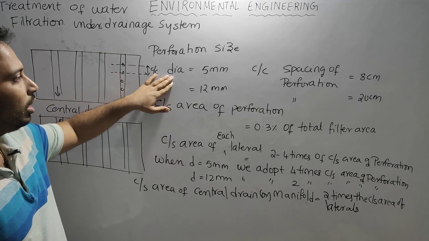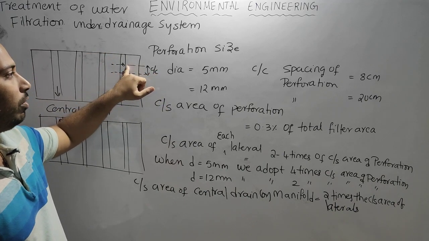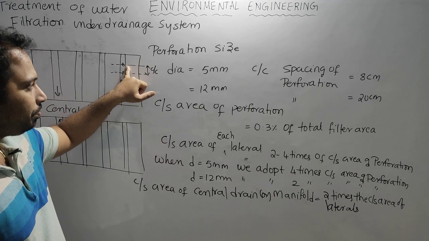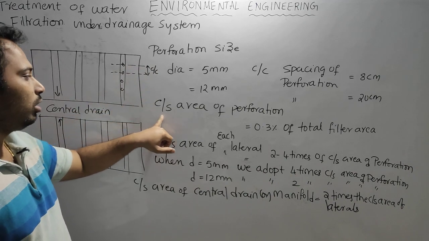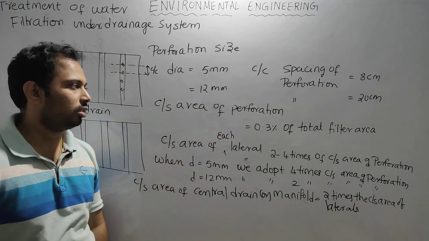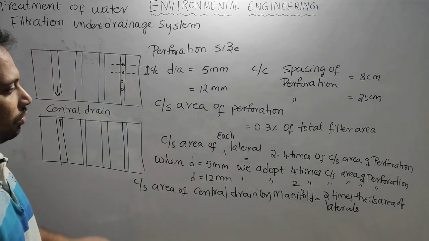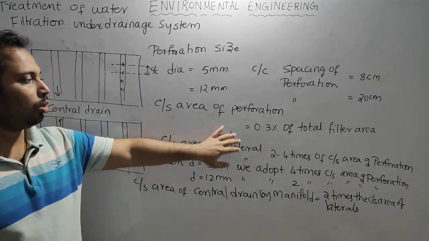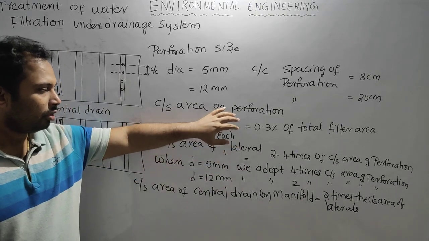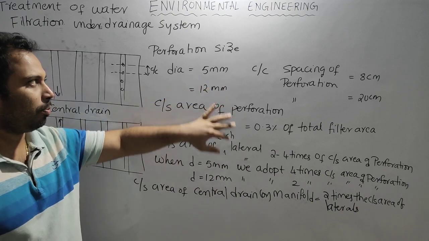From here we will get the individual perforation cross section area, and the cross section area of total perforations is 0.3 times the total filter area, that is 30% of the filter area. From that you get the total perforation area. So the total divided by the individual will give you the number of perforations.